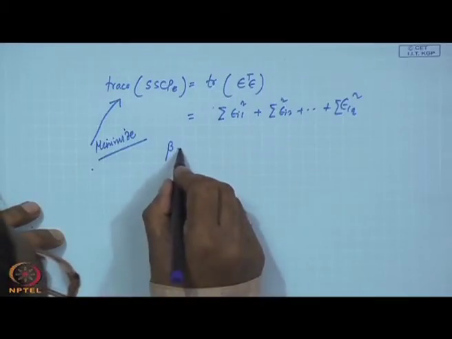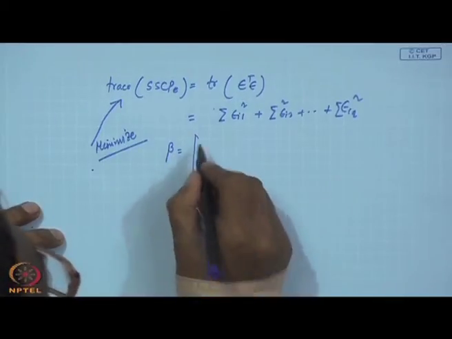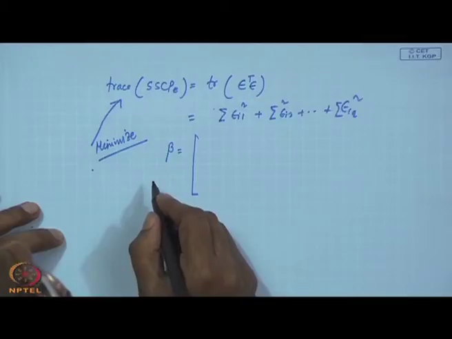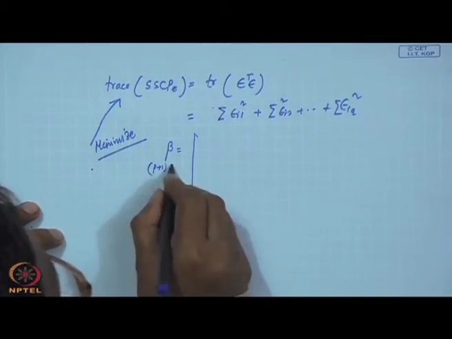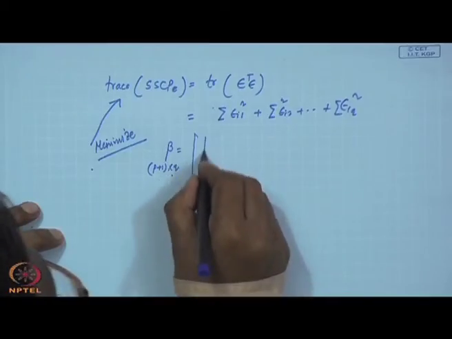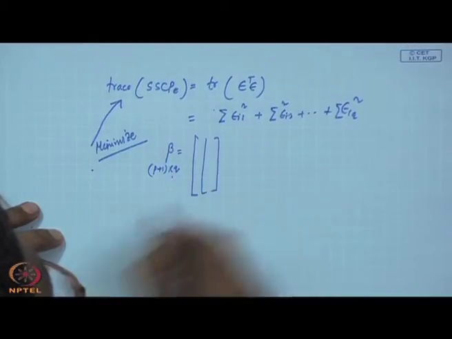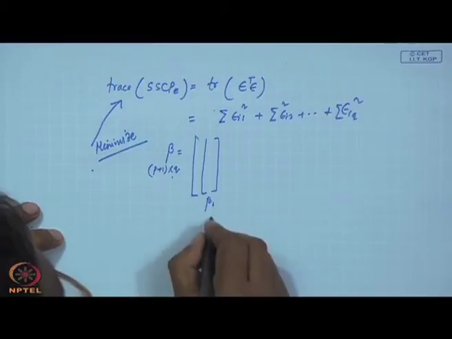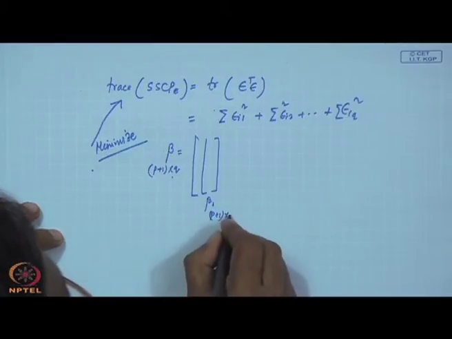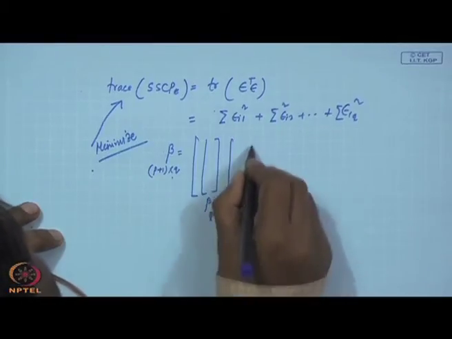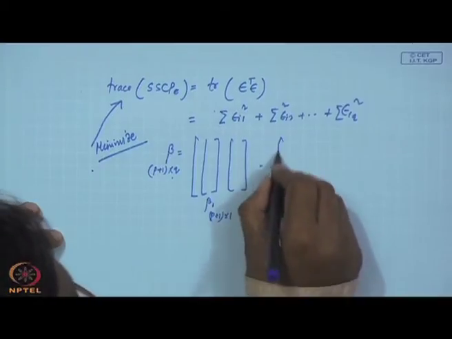Now see, beta is not a single column. What is the dimension of beta? It is p plus 1 into q. The first column is for beta 1, that is p plus 1 into 1, the second one is for beta 2, and like this.